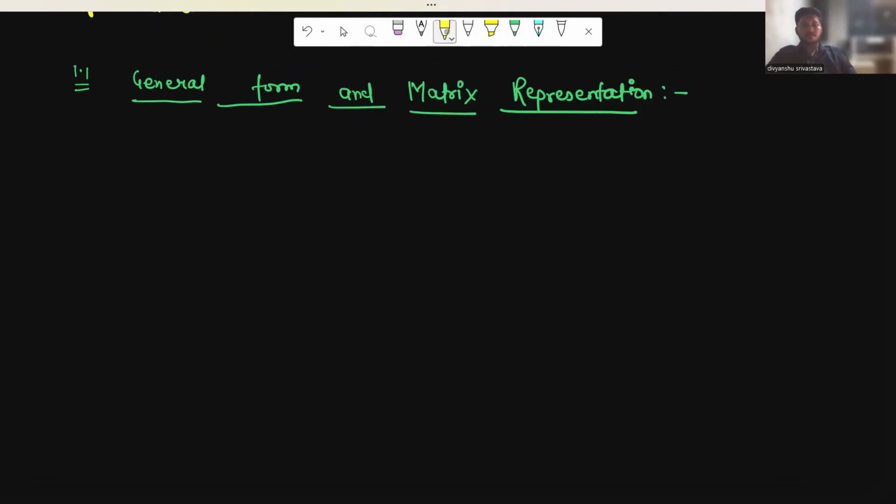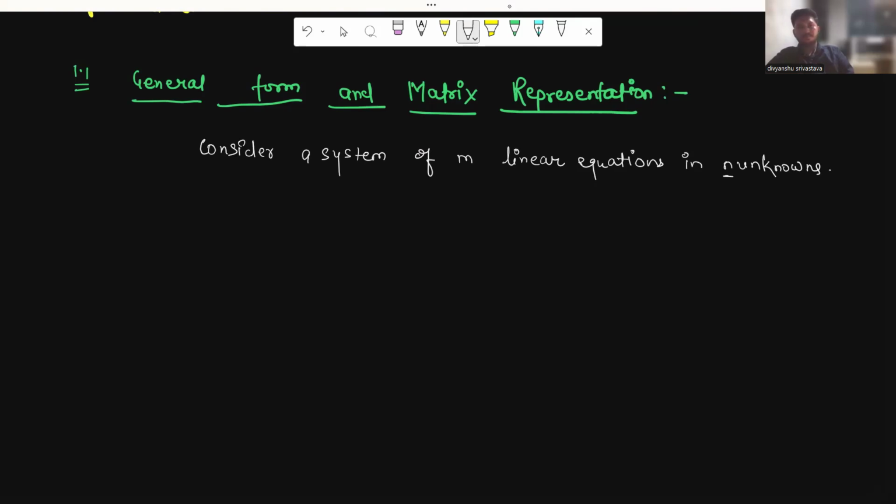So the general form of matrix representation. Consider a system of m linear equations in n unknowns.